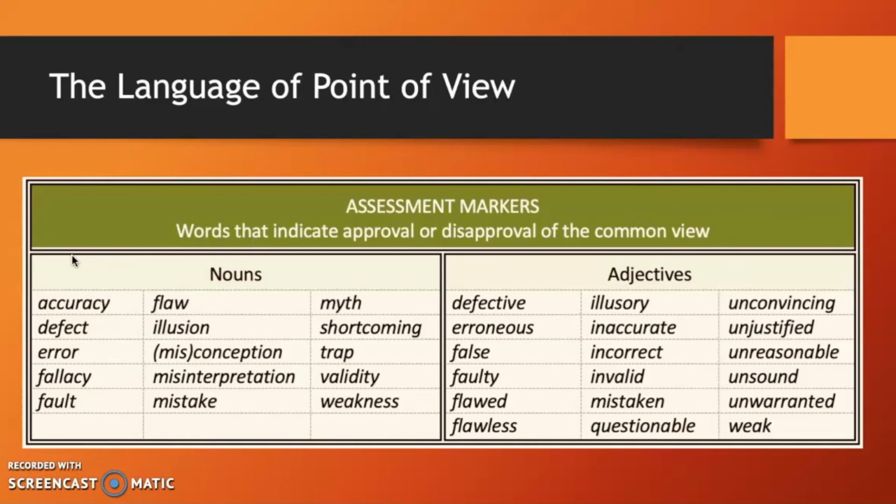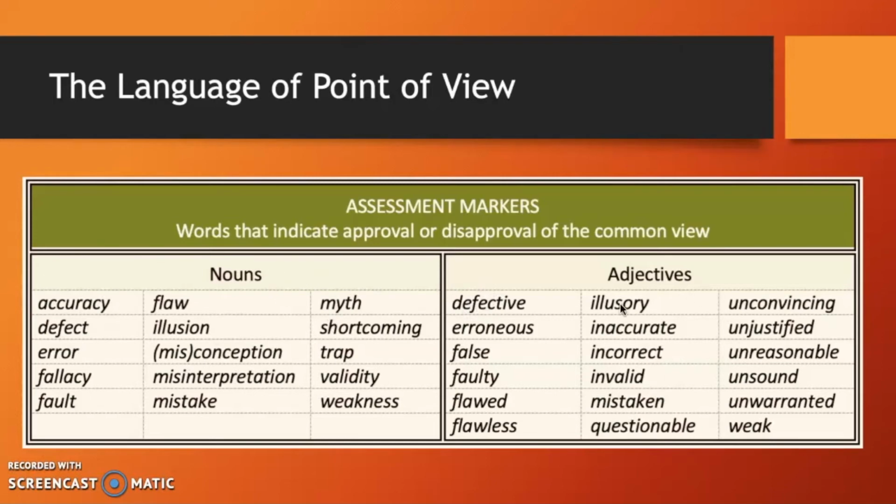If the writer uses the word "accuracy," they're talking about whether or not something is correct. If they call something a myth, they're saying it's not true. If they say it's an illusion, they say basically it's just some idea, but it's absolutely not true. These are nouns.